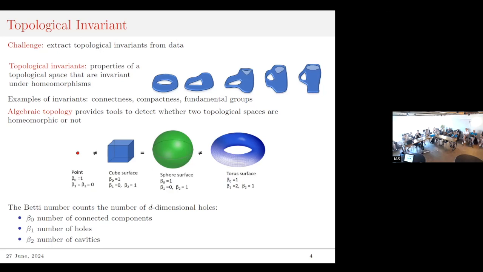But in the cube surface, we have one connected component, no holes, but we have one cavity. The cube surface is equivalent to the sphere surface because they have the same Betti numbers. We can say that these two topological spaces are equivalent. But the sphere surface is different from the torus surface because with the torus we have different Betti numbers.